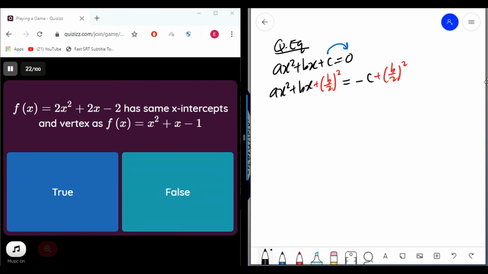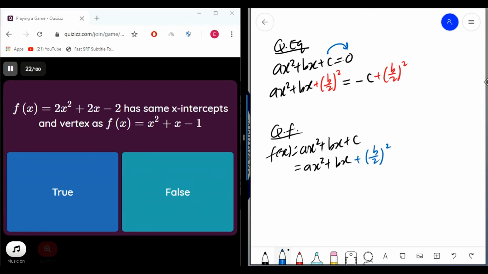But when we do completing the square for quadratic function, f(x) equals to ax squared plus bx plus c, we will add (b over 2) squared and minus (b over 2) squared on the same side. Why? Because f(x) is a name for that function, x squared plus bx plus c.